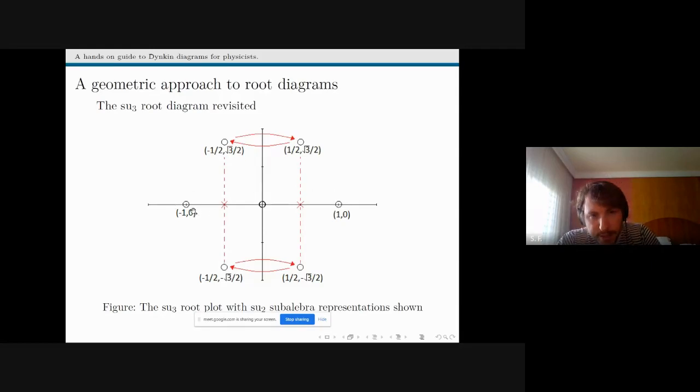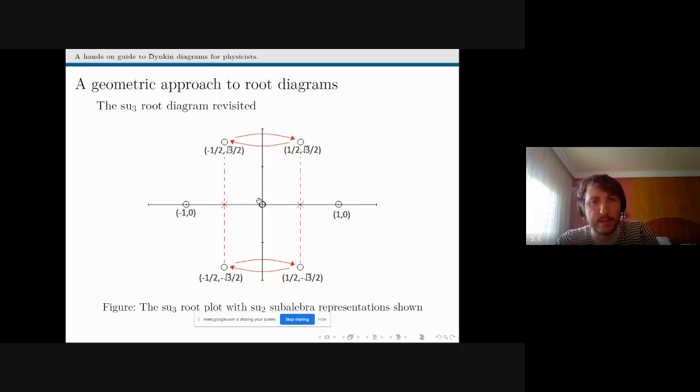With respect to this SU2 subalgebra, these 2 roots transform as a doublet. They sit in a doublet representation underneath this SU2 subalgebra. And similarly, this pair of elements as well, they also sit in a doublet representation underneath this SU2 subalgebra.